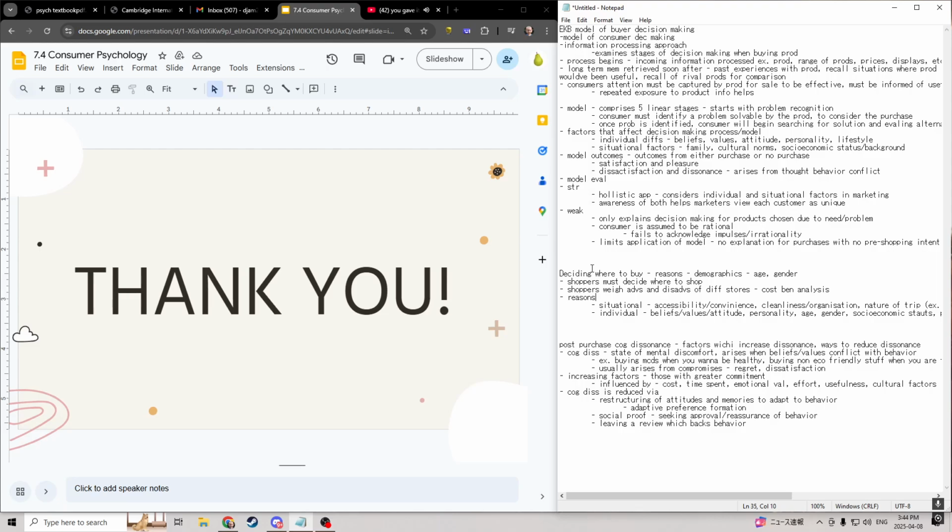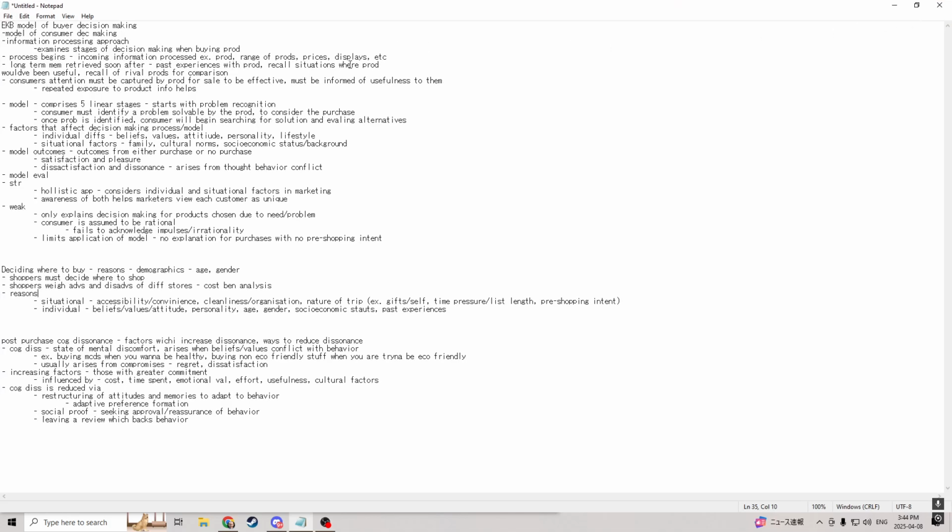For example, the product itself, the other range of products around it, the prices, displays, etc. Long-term memory is retrieved soon after, which involves the past experiences with the product, recalls situations where the product would have been useful, and recall of rival products for comparison. Consumers' attention must be captured by the product for the sale to be effective, and they must be informed of its usefulness to them. And repeated exposure to the info about it helps.